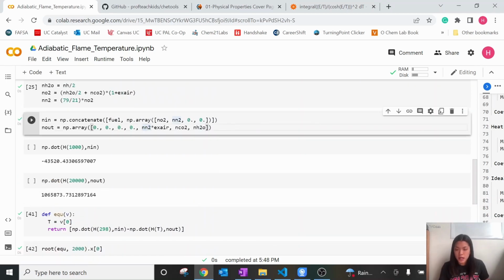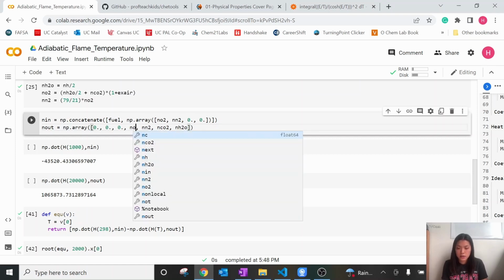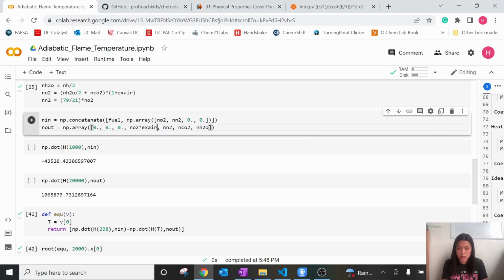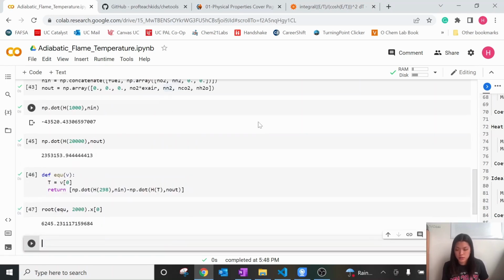Another thing is up here, there is the excess nitrogen, but there's also an excess in the oxygen, so it should be NO2 multiplied by the X air. So if we shift enter.